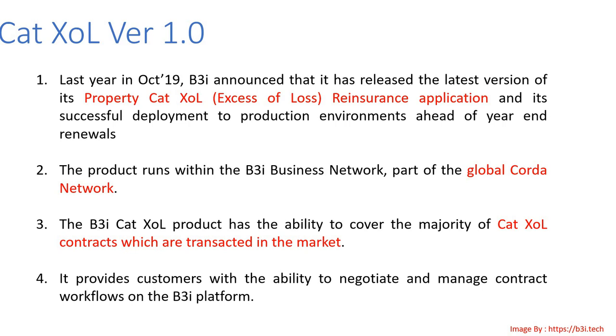And the important question is why customers choose the B3i catastrophe XoL product. At the center of this product is the DLT-enabled interaction of insurer, broker, and reinsurer over the whole placement process, which will eliminate friction within the insurance life cycle. And the catastrophe XoL treaty terms and conditions leverage the smart contract.